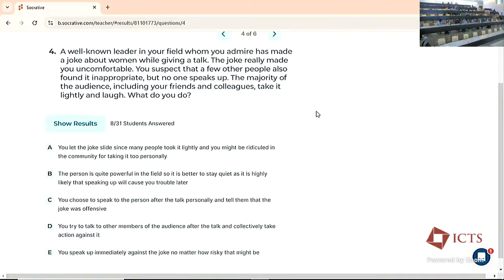Okay, so let's vote for this one. Please put in your votes. Your number of students is going on increasing. I think they re-log in and it increases.